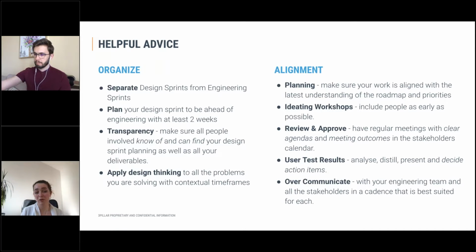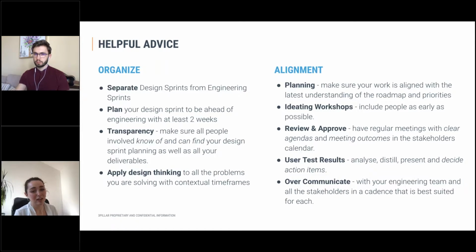Some other points on how this alignment can be made is by planning. Make sure that your work is aligned with the latest understanding of the roadmap and priorities. So you align with the latest news.